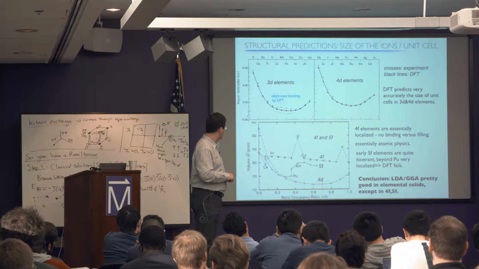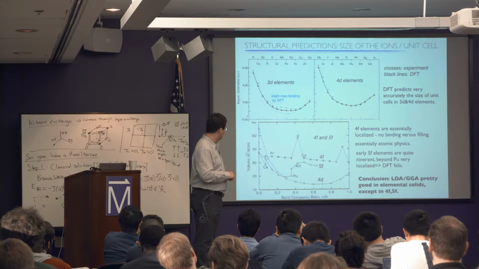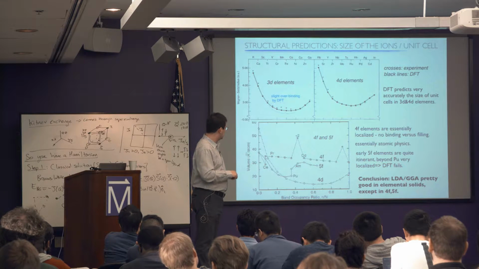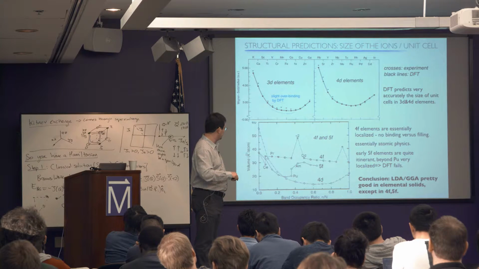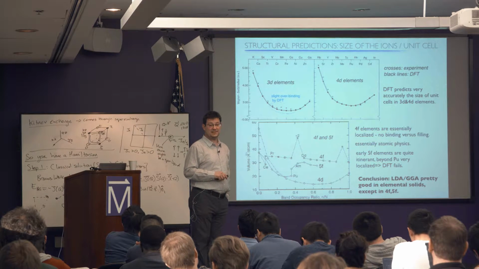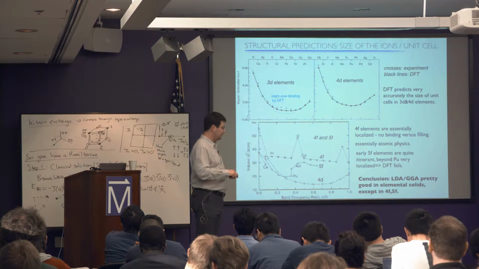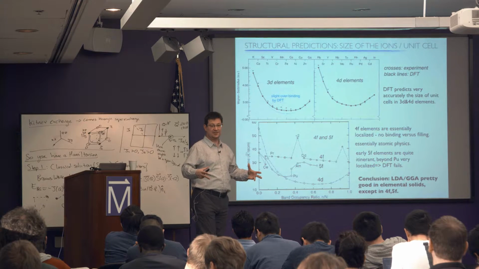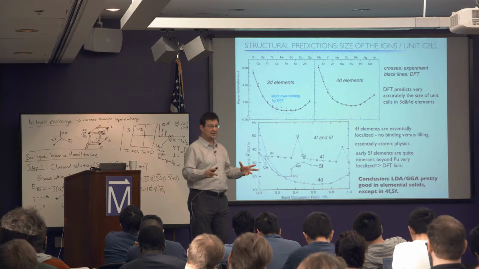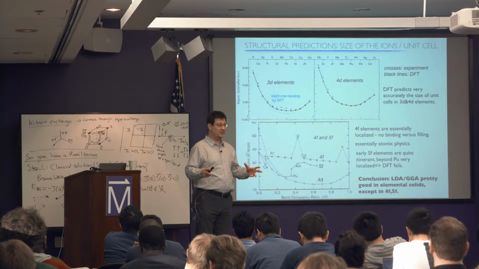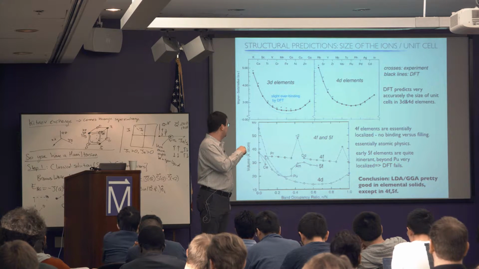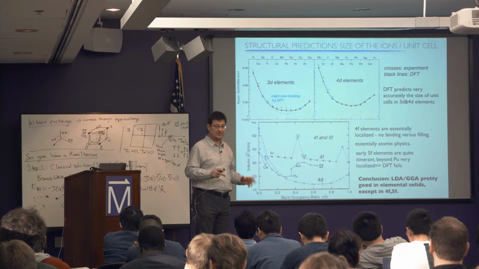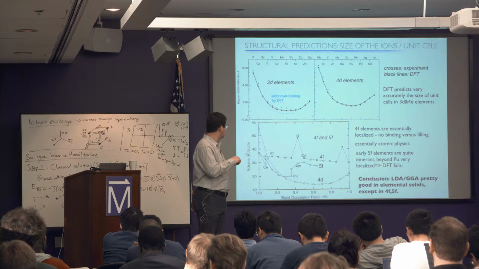However, when you go to 4f, then you see that this total energy versus band occupancy is completely flat. And that's an indication that the size of the unit cell, to first approximation, doesn't care about the filling. So within DFT, you always get this U-shaped curve, always, no matter what, because we bind strongly here.